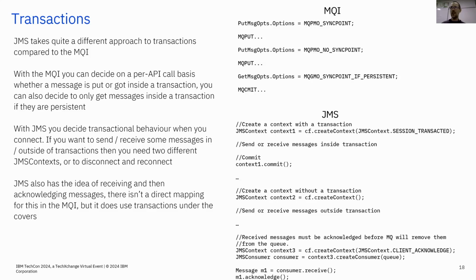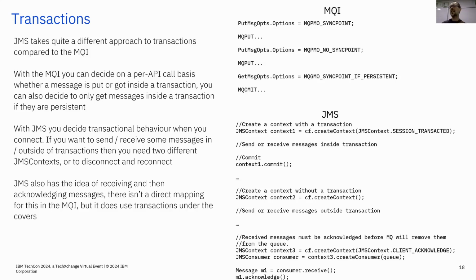With the MQI, there's an implicit transaction always available under the covers, and that transaction is either owned by the queue manager, or it might be owned by CICS, or by IMS, or by RRS. When you send a message via an MQ put or get a message via MQ get, you have a choice at the point of sending or receiving whether you want that message to be put or got inside that transaction. So up the top, we show an example where we do a put inside sync point, which means that that message is now being put under a transaction, so you can roll it back.